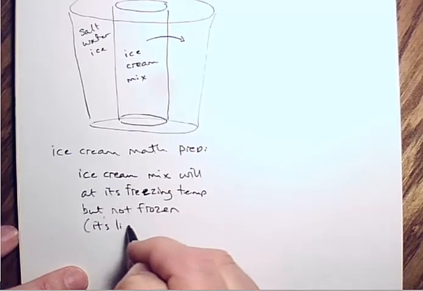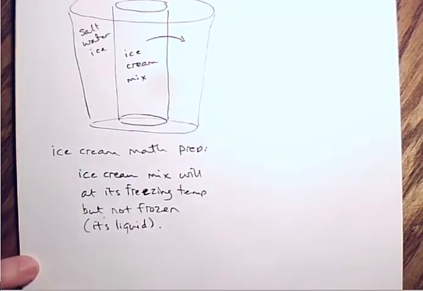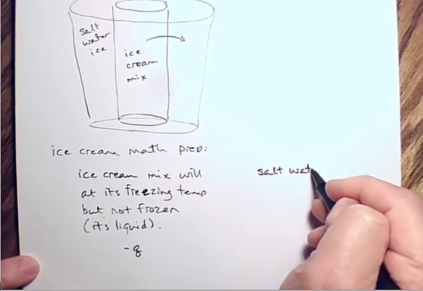In other words, it's liquid. Okay? Now, if I'm trying to freeze something, what does Q have to be? Negative. So you got to have a negative Q here, okay? Which means the delta H has to be negative.